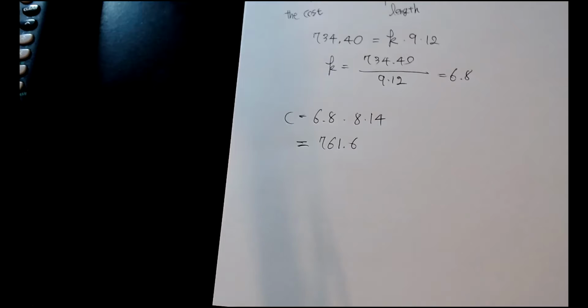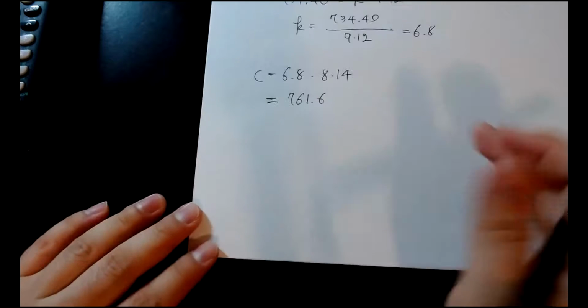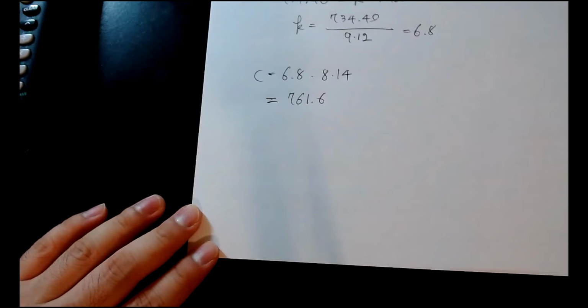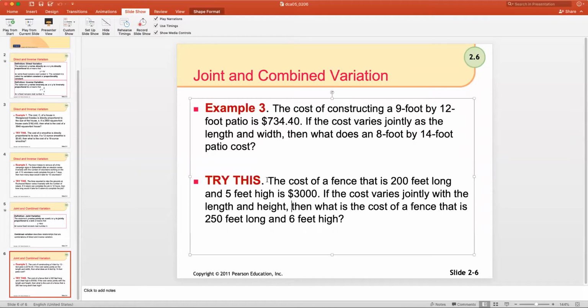The cost of a fence that is 200 feet long and 5 feet high is $3,000. Let me read. The cost of the fence that is 200 feet long and 5 feet high is $3,000.